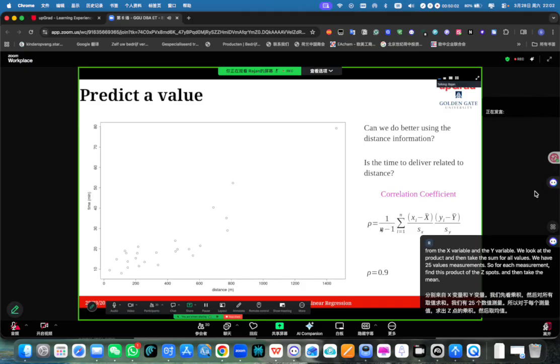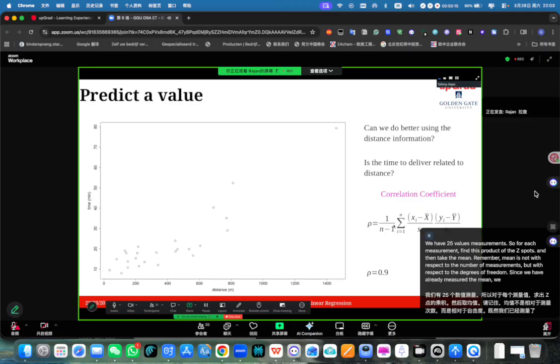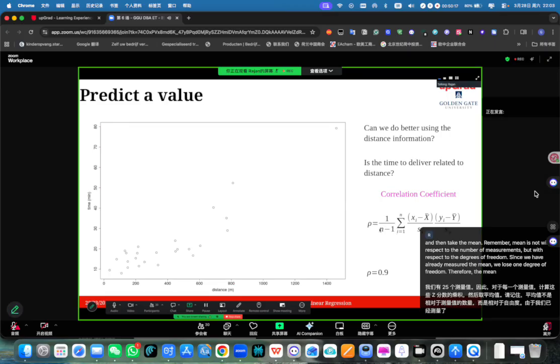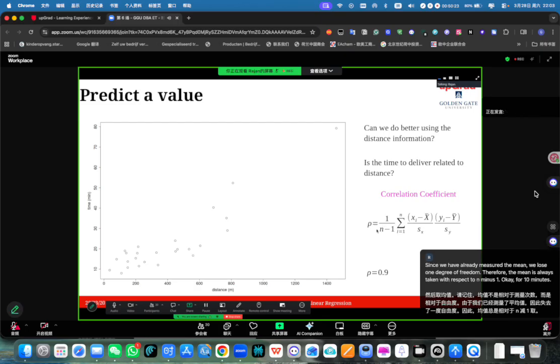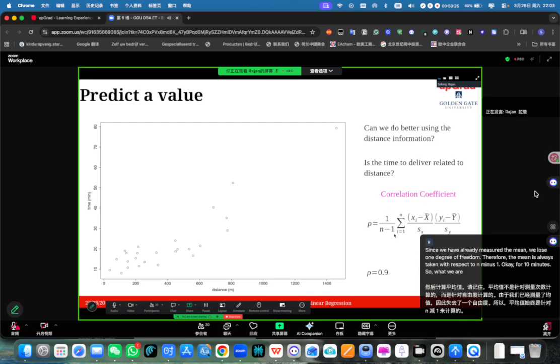Remember, mean is not with respect to the number of measurements, but with respect to the degrees of freedom. Since we have already measured the mean, we lose 1 degree of freedom. Therefore, the mean is always taken with respect to n minus 1. So what we are looking at is the average product of the standard scores.